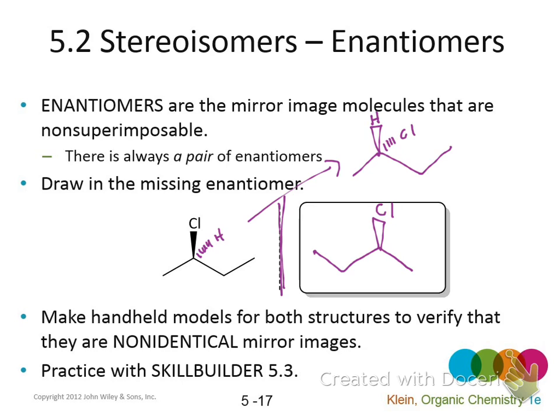Okay, so this is what we're going to do, just for fun. I'm going to keep my purple and my orange, because I like purple and I like orange. I'm going to build that molecule without putting the hydrogens on it. I just want to show you this.